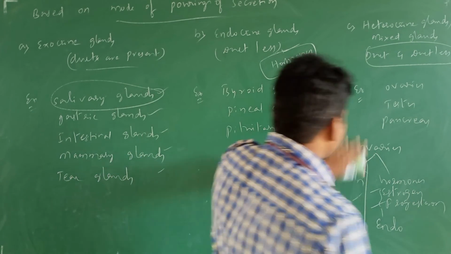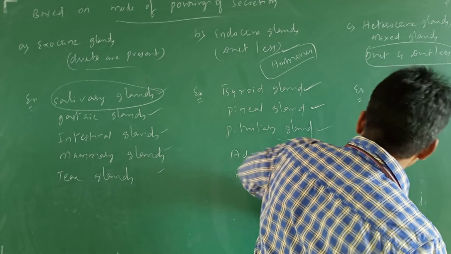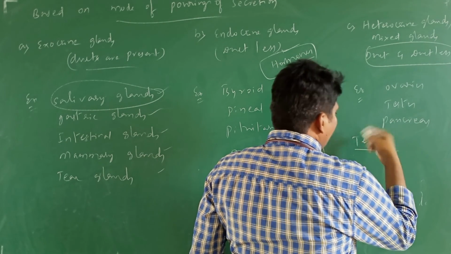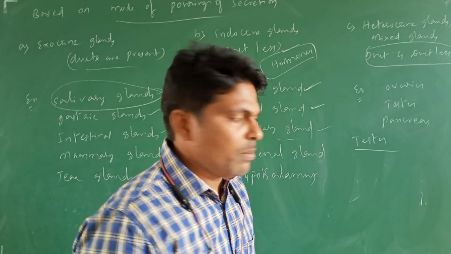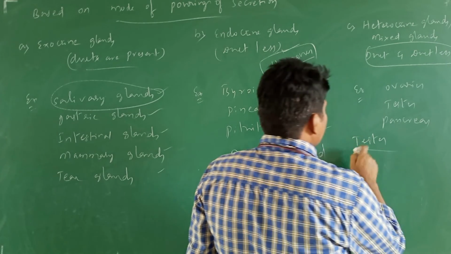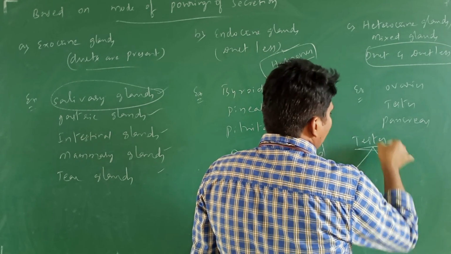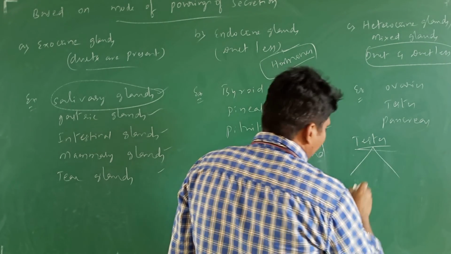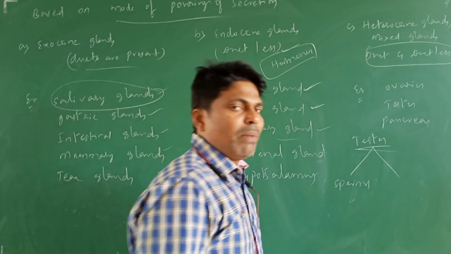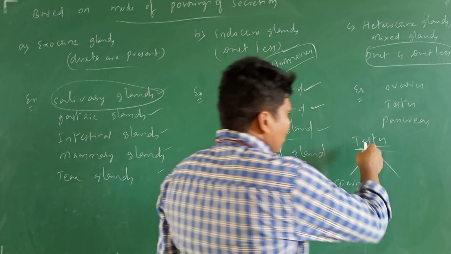Testes are also like that. Testes are part of the male reproductive system. These testes are part exocrine and part endocrine. The exocrine part produces sperms, which are male gametes.